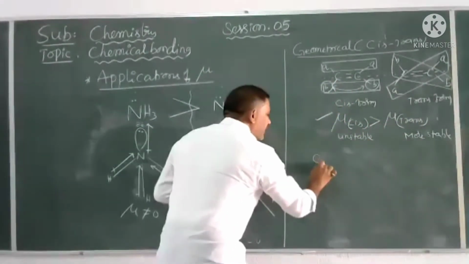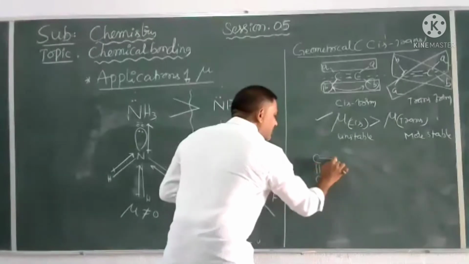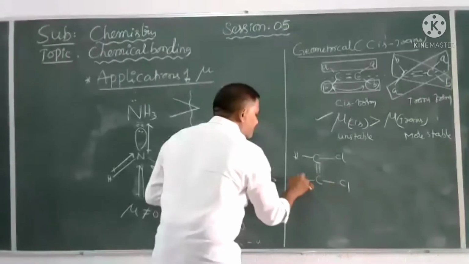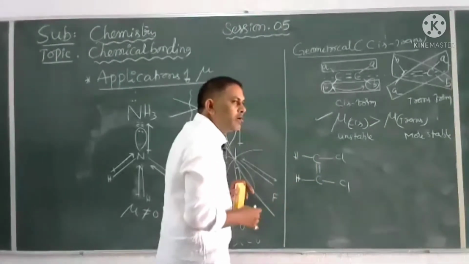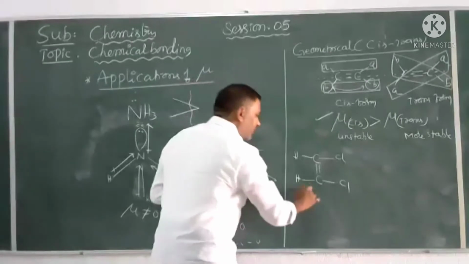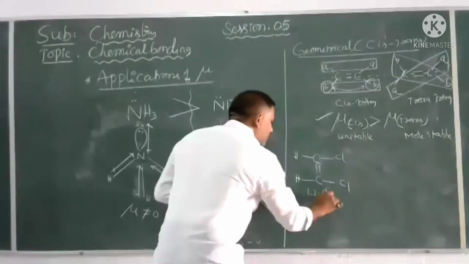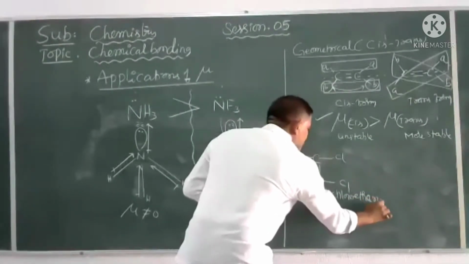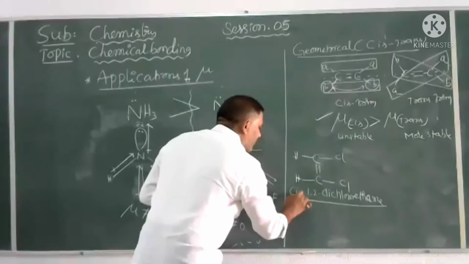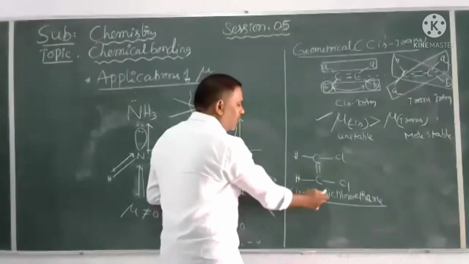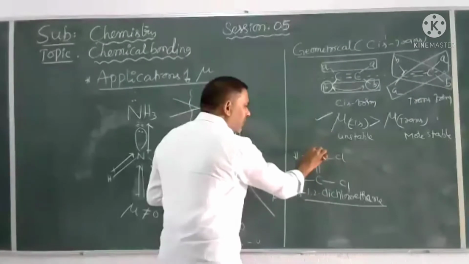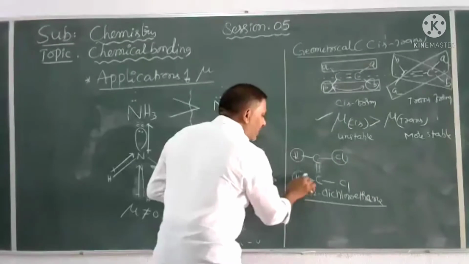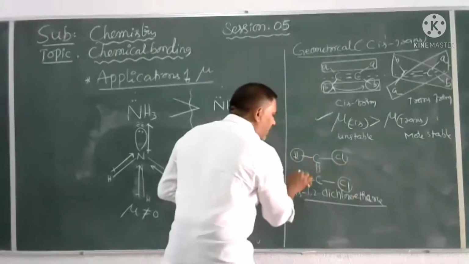For example, here is C double bond C. This is the Cl and this is the Cl. Now this is the hydrogen and this is the hydrogen. This is 1,2-dichloroethene. It is a cis form, cis-1,2-dichloroethene, because here A and this is B, this also A and this is B, and the same groups are on the same side.